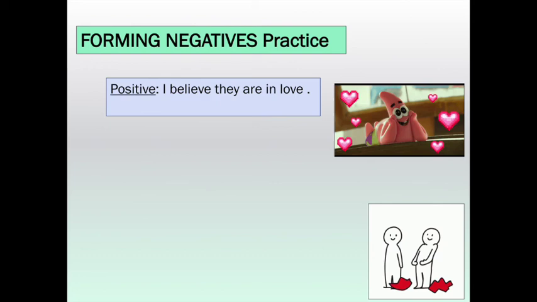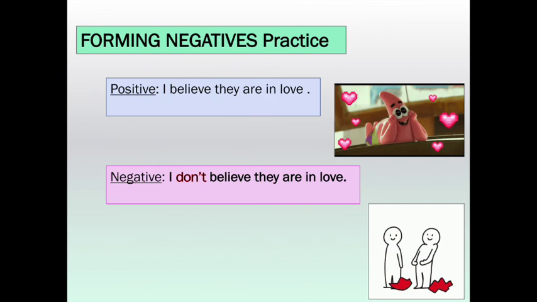Remember, when you use words like think, believe, or suppose before your idea, you need to make that first verb negative. And this is present simple, so we're going to need to add an auxiliary verb. So the negative is, I don't believe they are in love.